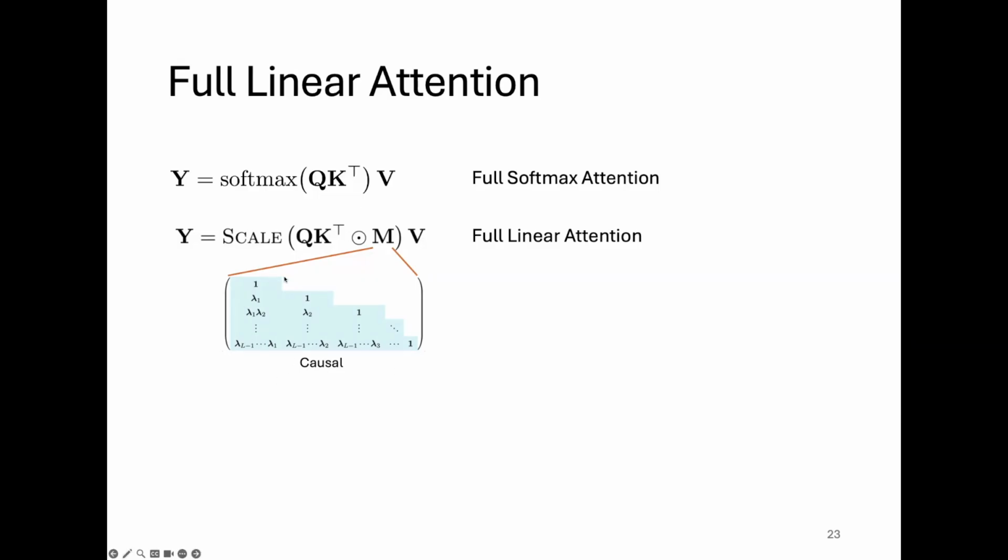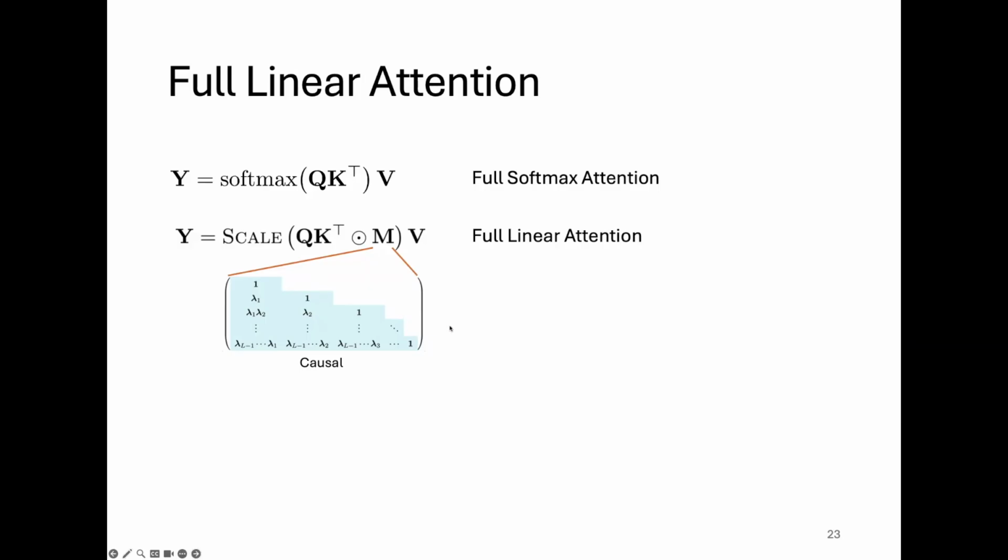As we can see, the causal mask is a lower triangular semi-separable mask, where the attention between token I and J is masked with the cumulative product of all the forget gates in between these two tokens.